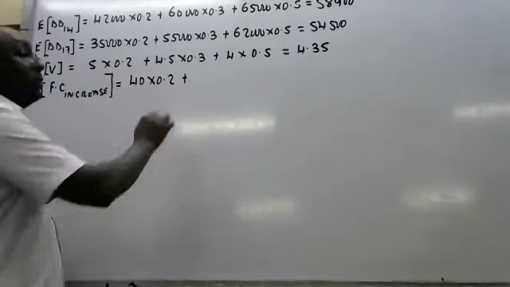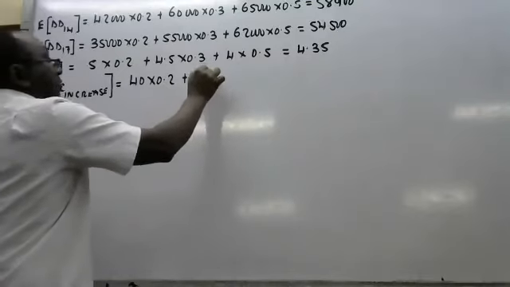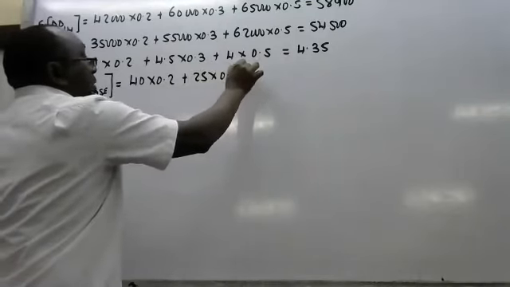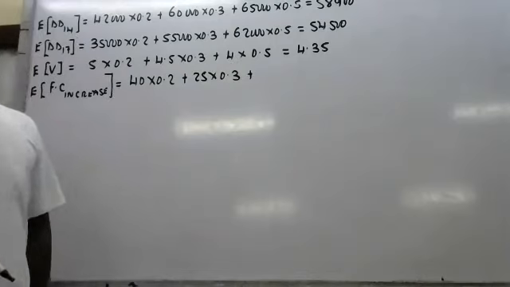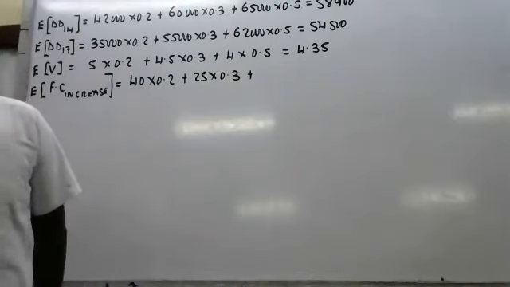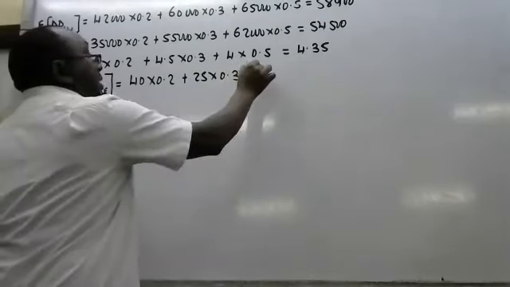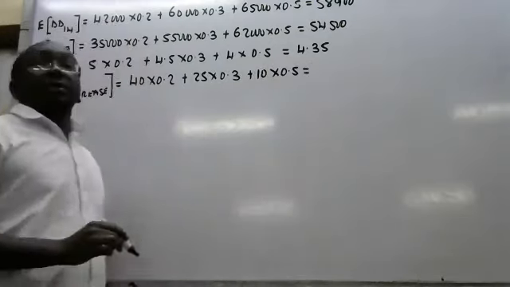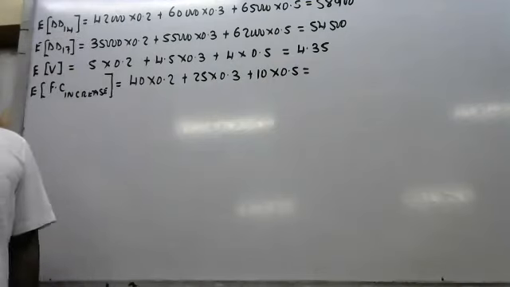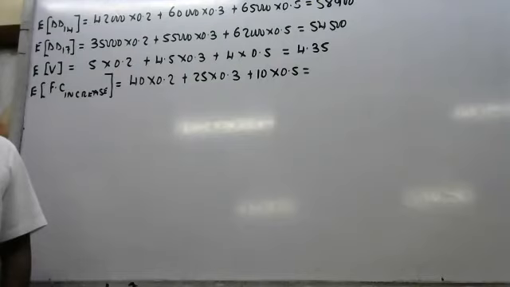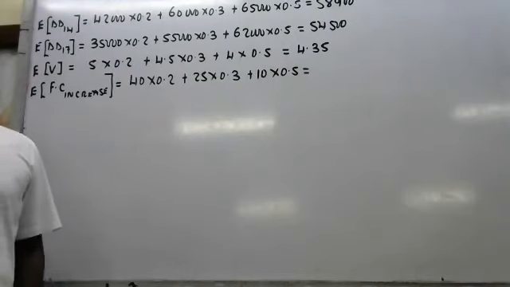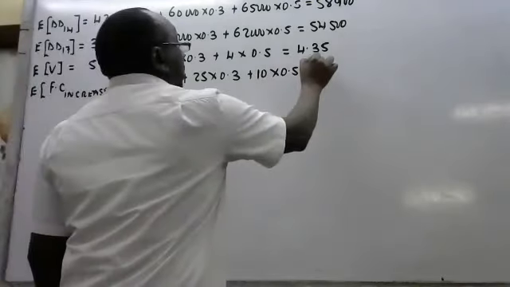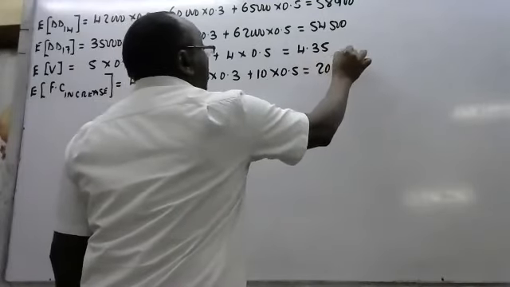It can go up by 25% with a chance of 0.3. It can also go up by 10% with a chance of 0.5. That gives 20.5%.